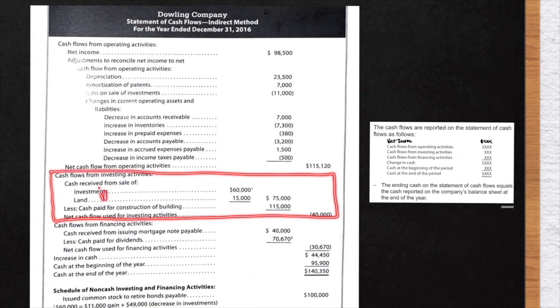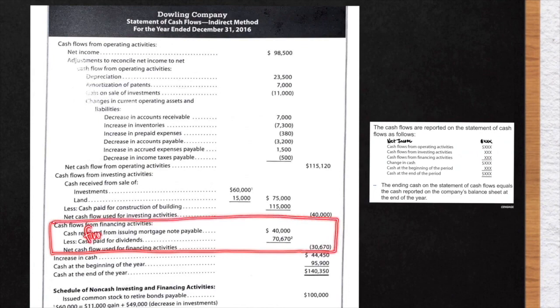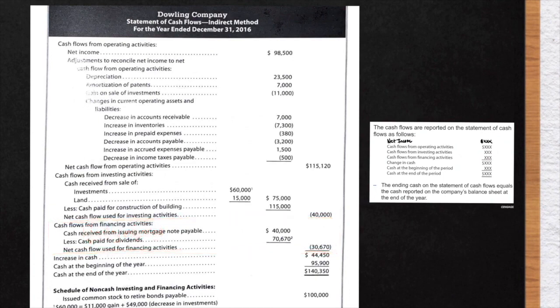The next section is your investing activities. And the net for the investing activities in this example is a negative $40,000. Next, we have our financing activities. And as soon as you do that, you net an amount of negative $30,670. So there you have three amounts from the operating, investing, and financing.